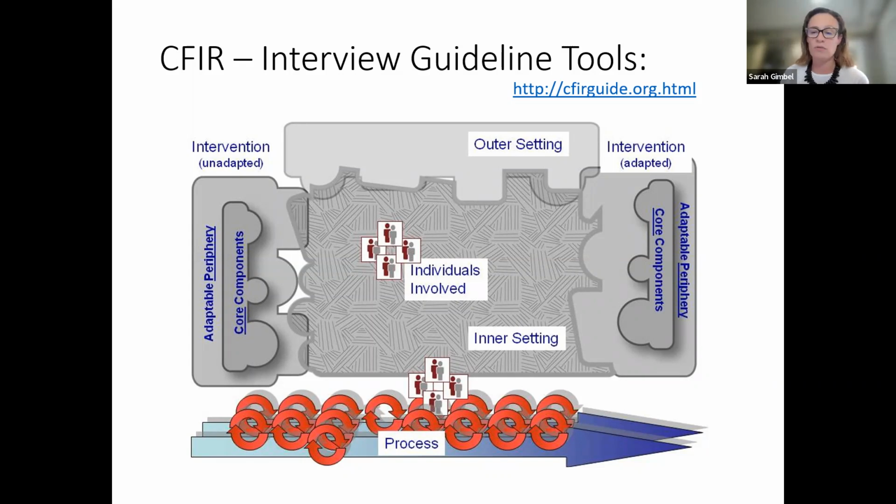So then you can use the CFIR interview guideline tools. You can see the link up above. And you can generate draft questions to then adapt and then pilot in your sites and then refine.